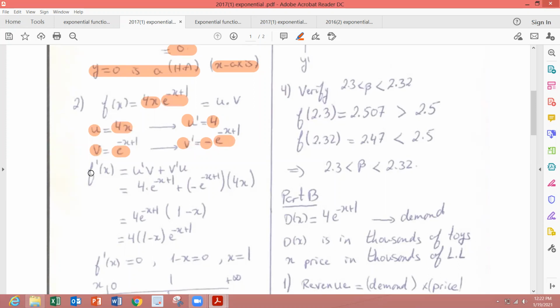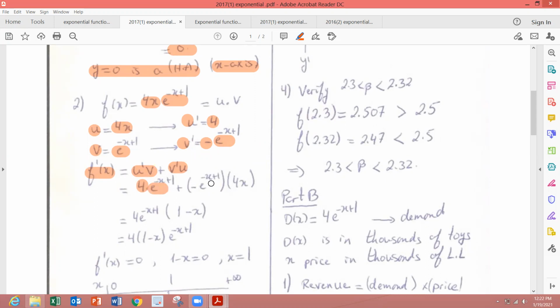Then we apply the product rule. F prime of x equals u prime v plus v prime u. U prime is 4. We put 4 times v plus v prime, minus e to the power minus x plus 1, times 4x.